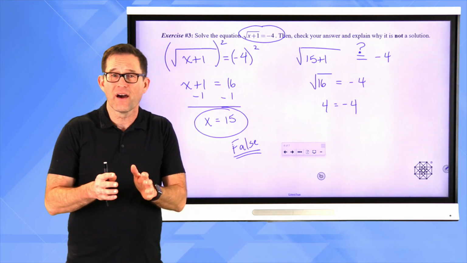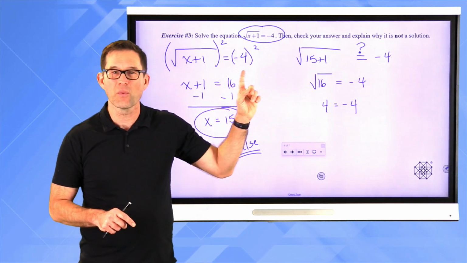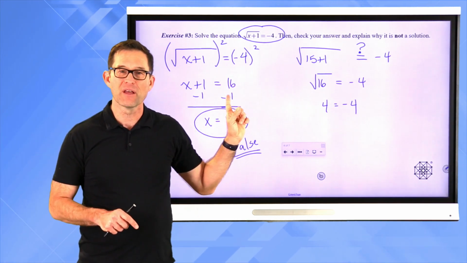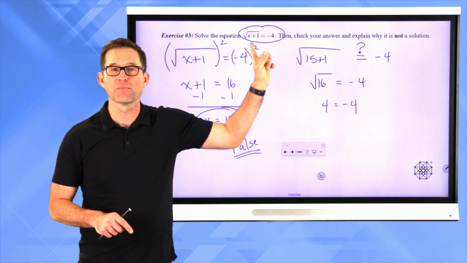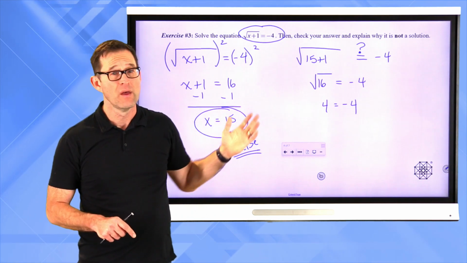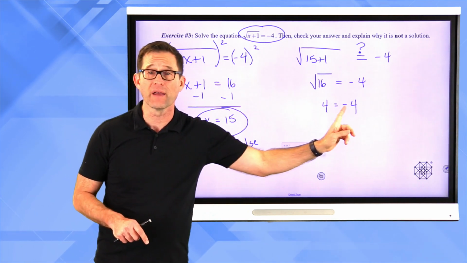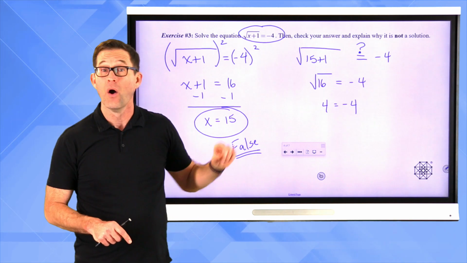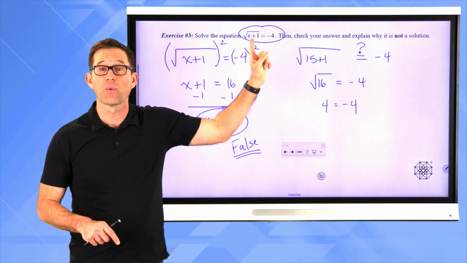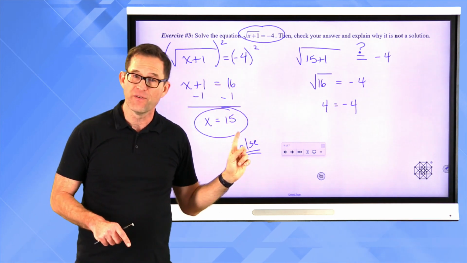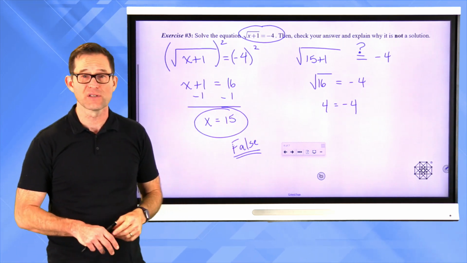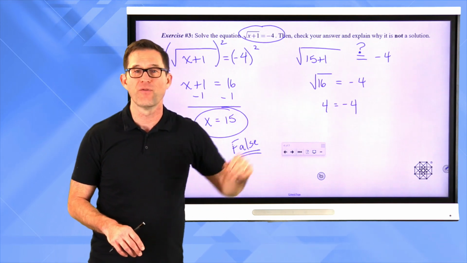Now, what really gets us is that when we square that -4, it becomes positive 16. If the original equation had been root x plus 1 equals +4, then 15 would have been completely right because we would have had 4 equals 4. Or if we had negative square root of x plus 1 equals -4, then 15 would have also been a solution because we would have gotten -4 equals -4.